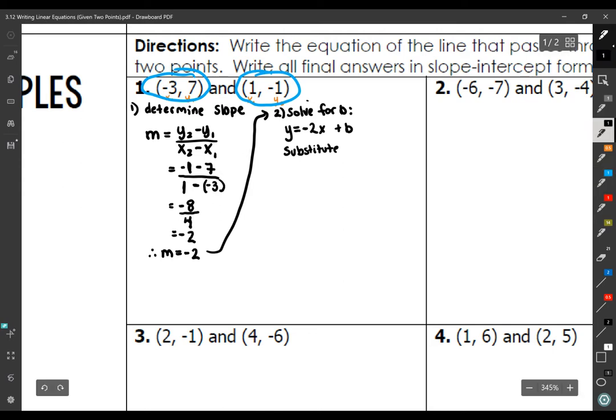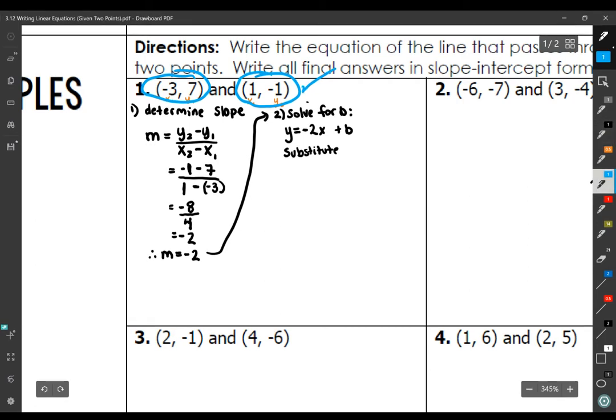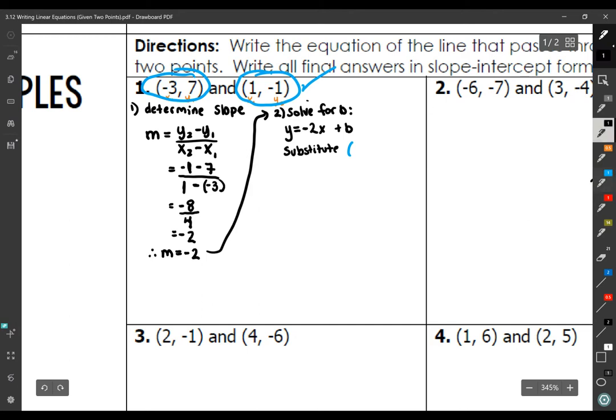I usually just pick the point that has the simplest numbers, but it really doesn't matter. I'm going to select this point and substitute in the point 1, negative 1 and solve for b.